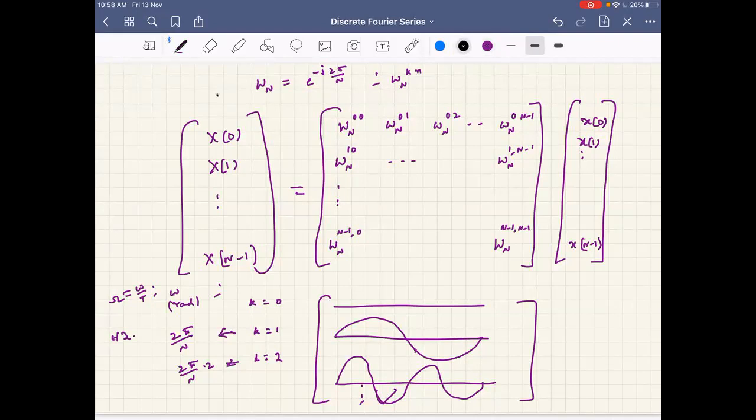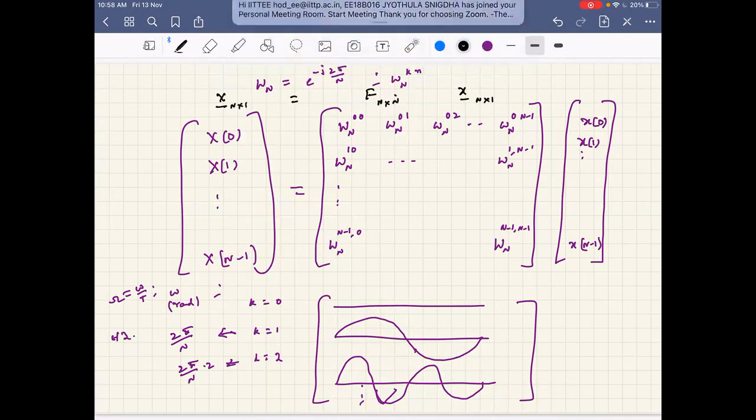This whole thing I can write as x bar is equal to F into x bar, where F is the Fourier transform matrix. Here x bar is n cross 1, F is n cross n, and this is n cross 1.